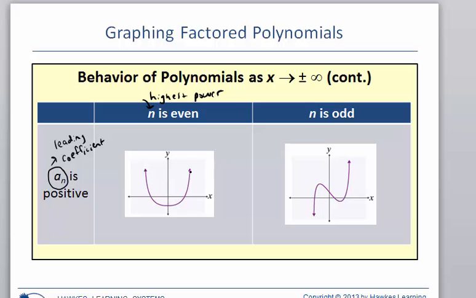So in other words, the graph goes up on both sides. If the highest power is odd, then on the left-hand side, the graph goes down, and on the right-hand side, the graph goes up.